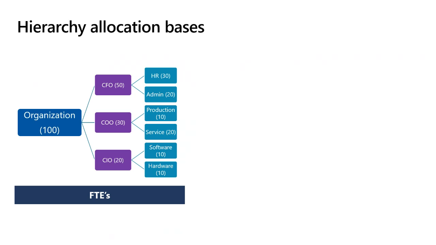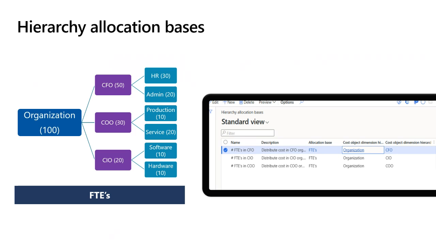Now talking about the next allocation base, that is hierarchy allocation base. Hierarchy allocation base also provides a way to create multiple allocation bases leveraging a predefined allocation base. So one predefined allocation base can be used to create multiple hierarchy allocation bases, and let's quickly see how we can do that.